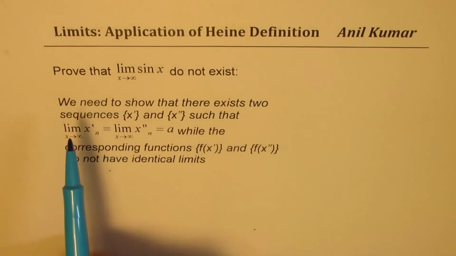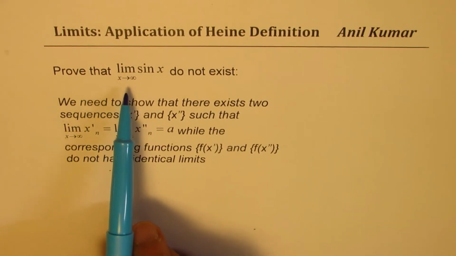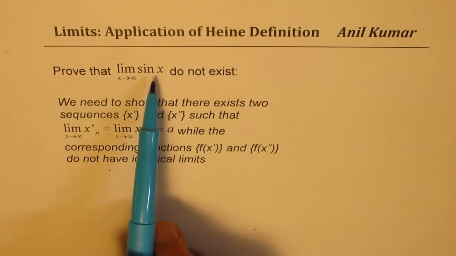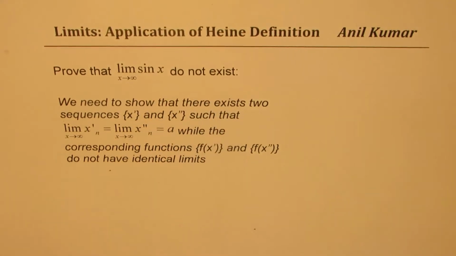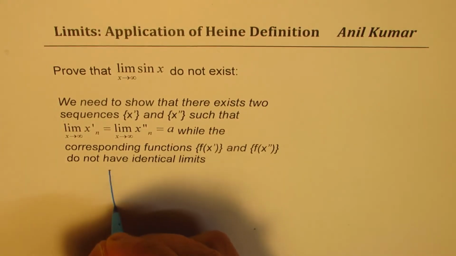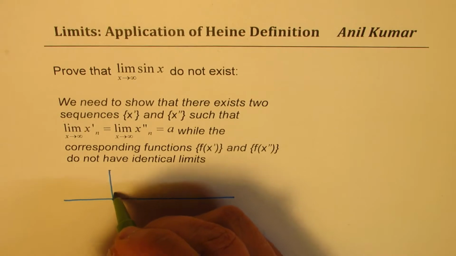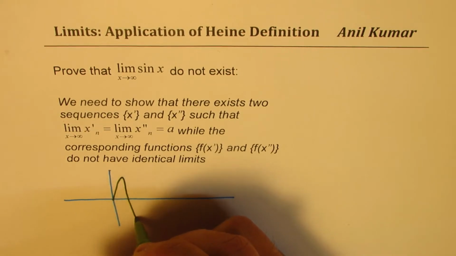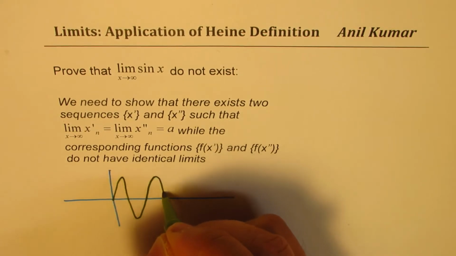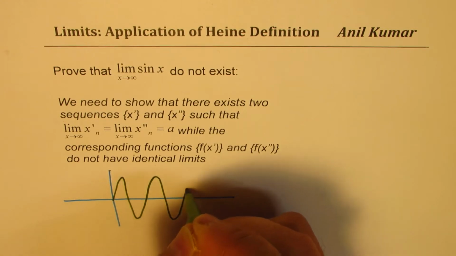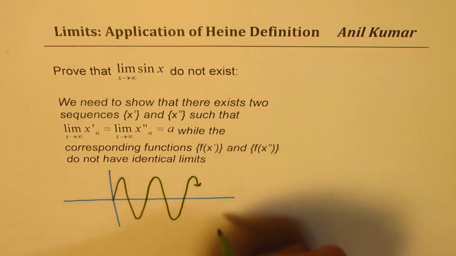The question here is to prove that the limit as x approaches infinity of sine x does not exist. Normally, we had been taking it for granted or explaining it using the diagram, right? How do we do it? We just sketch the graph of sine x and say, well, this is sine x. It oscillates from plus 1 to minus 1, kind of like this.